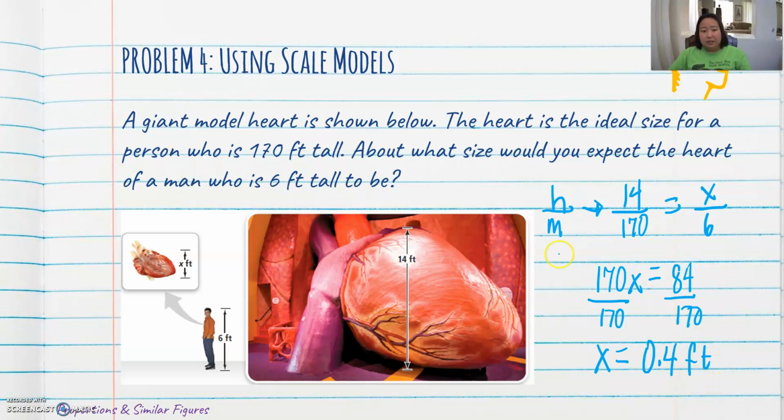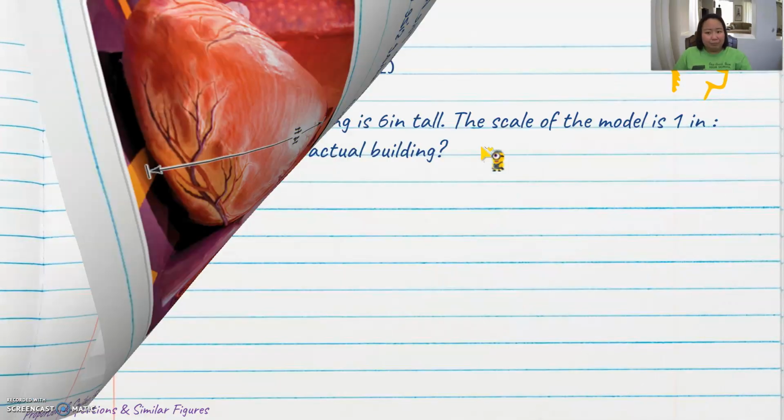Now, logically, the size of the heart would be measured in inches. So you can convert 0.4 feet to inches by multiplying by 12, since 1 foot is equivalent to 12 inches. So 0.4 times 12 is around 5.9 inches. That is how you can use scale models and proportions.